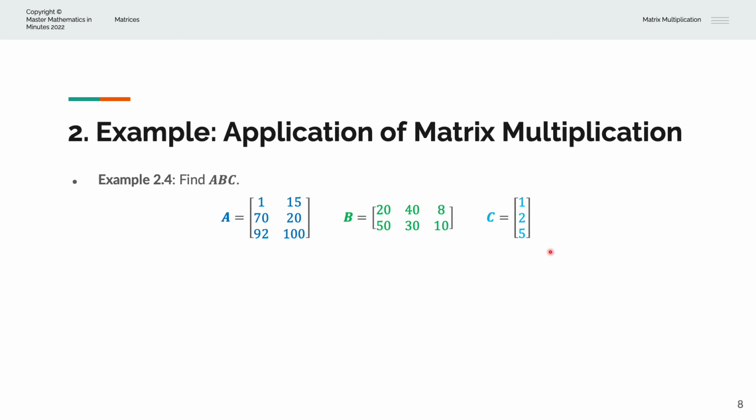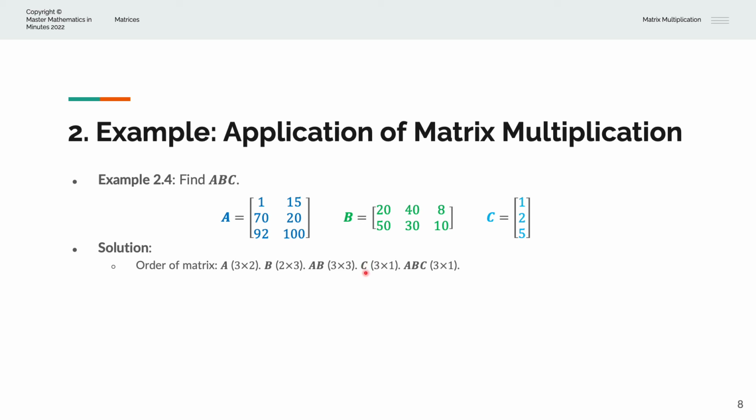Firstly, we'll need to check the order of these matrices and determine if we're able to multiply them across. The order of matrix A and B were from before, 3 by 2 and 2 by 3, and we saw from the previous example that the combined matrix AB has an order of 3 by 3. So we haven't actually introduced anything new. We've just recalled what we've done in the previous example.